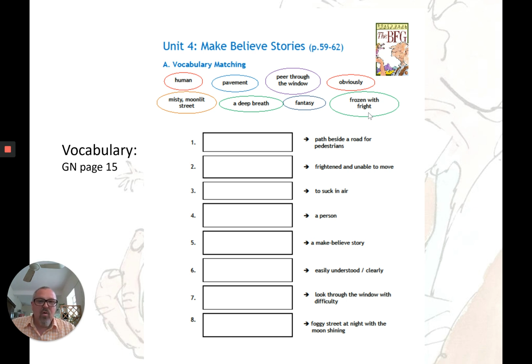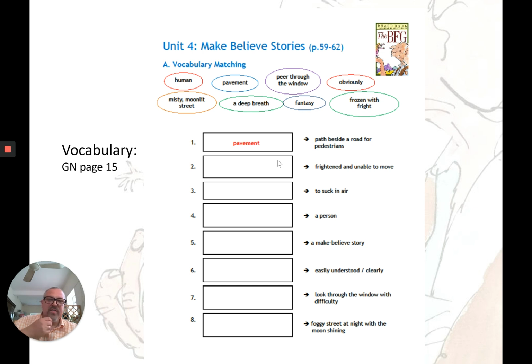So one of these words fits in there. Which one is it? So you've got human, pavement, peer through the window, obviously, misty moonlit street. That could be it. A deep breath, fantasy, or frozen with fright. All right, so yes, it's going to be pavement.